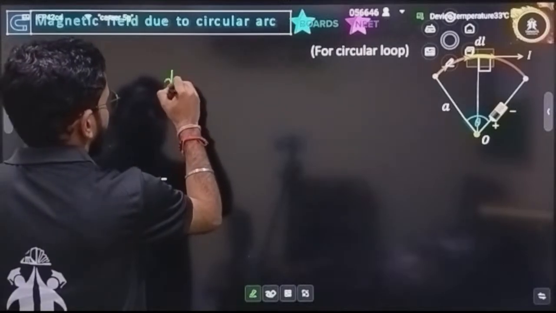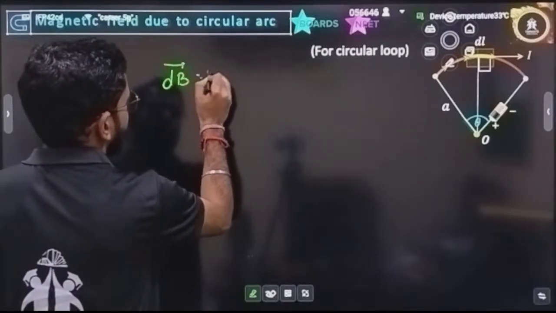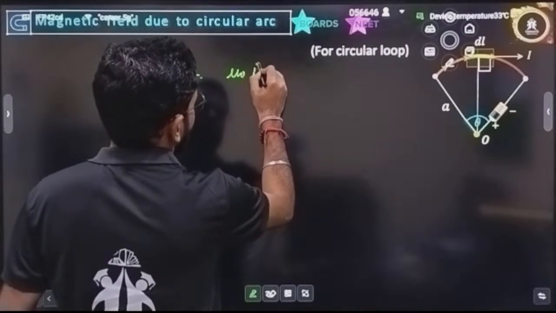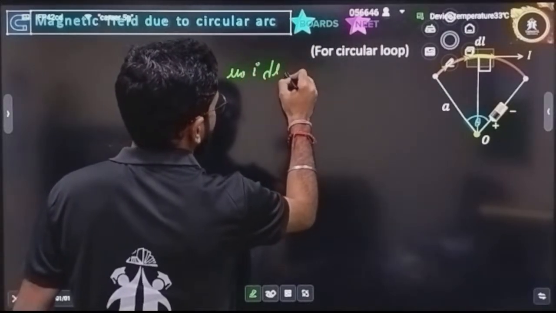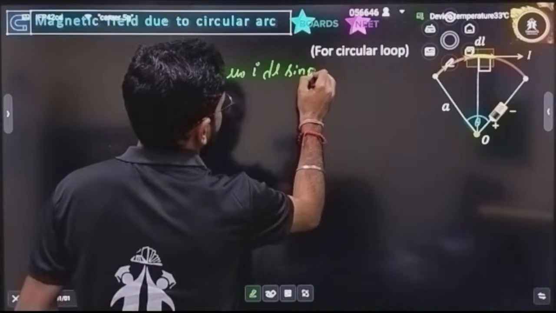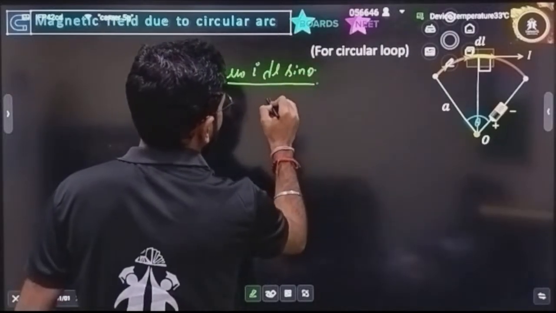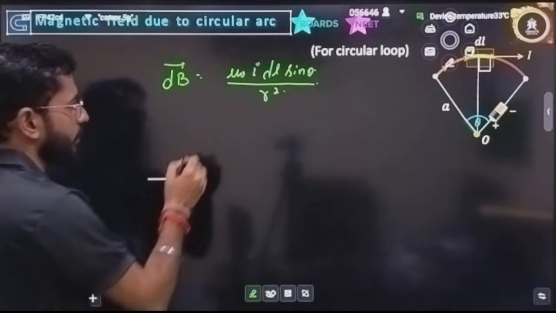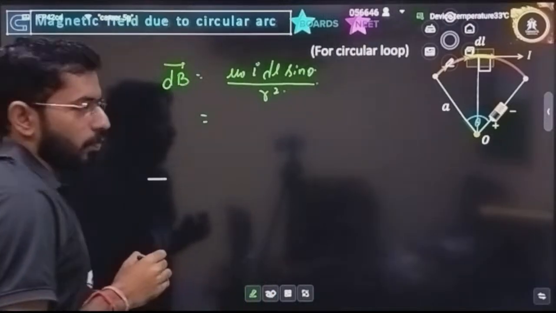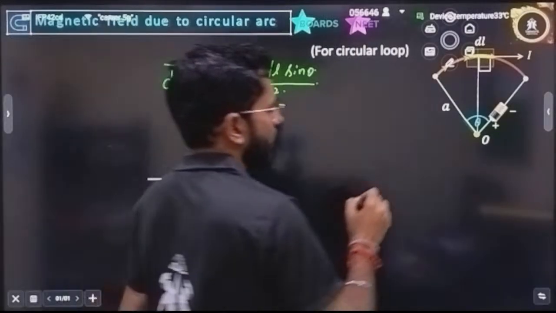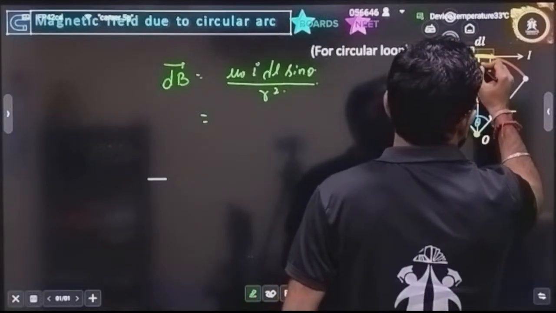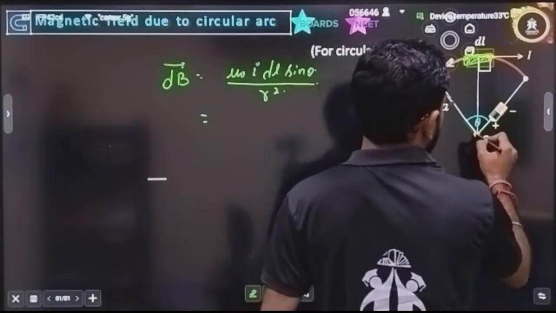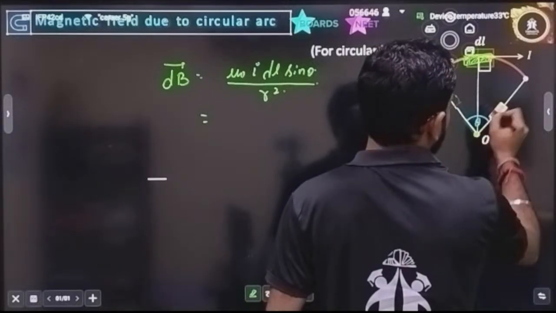What is Biot-Savart's law? We will start from there. Biot-Savart's law says that dB is equal to mu naught I dl sine theta divided by r square. Now, let's suppose this is your element dl, and here it is the point, and this arc has angle theta.